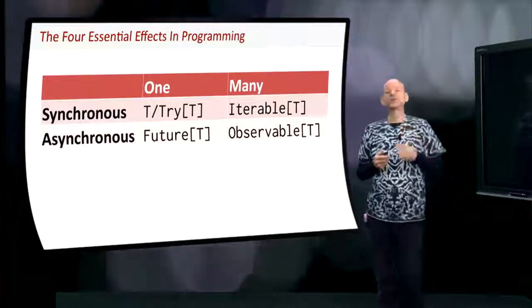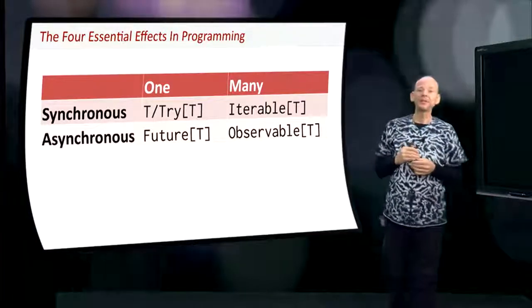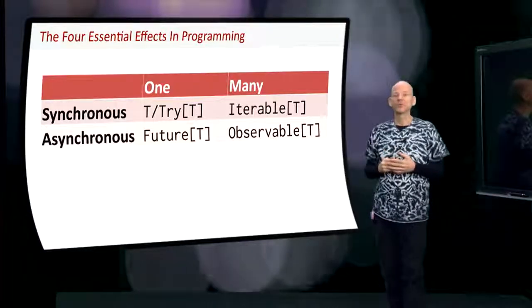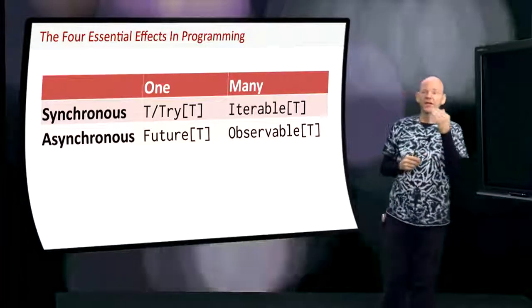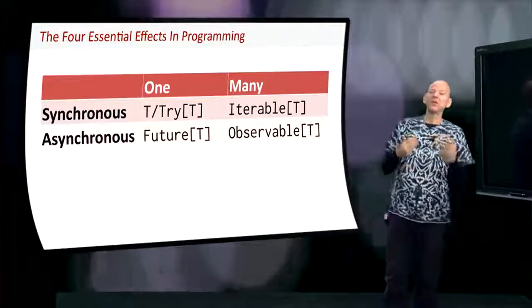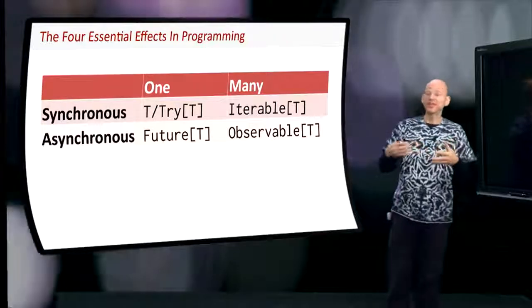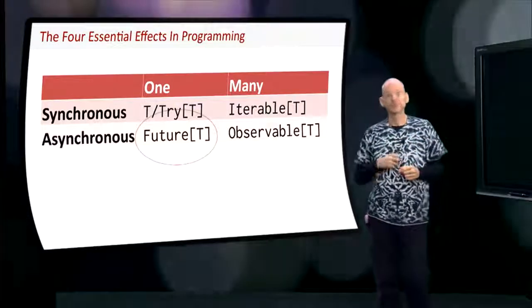And that's what is going to bring us from the top left to the bottom left. So we're now going to go from Try of T, and we're going to introduce Future of T as a monad that captures the fact that computations take time.